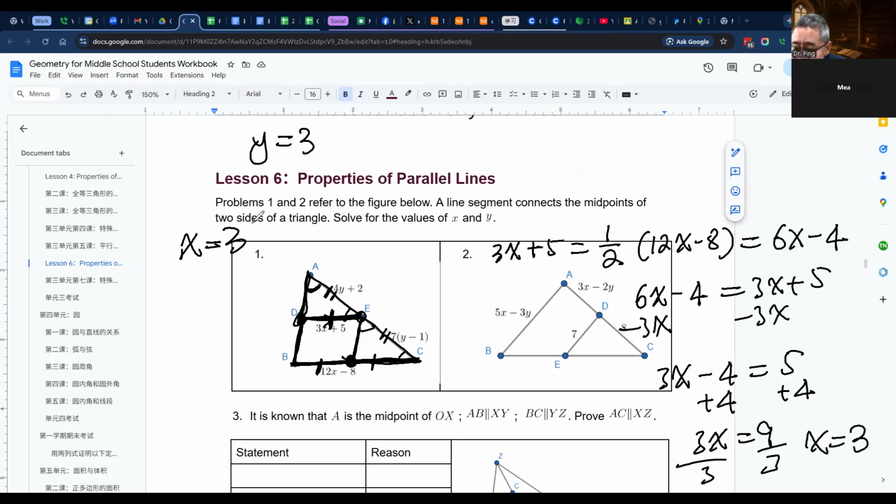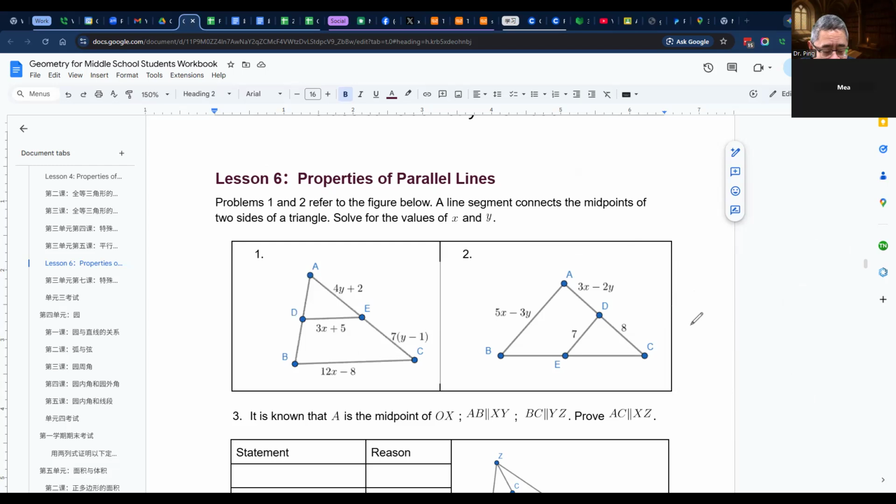Now, problem 2 is going to help us set up what we call a system of equations, because there are two variables. Therefore, we need to set up two equations. Well, because D is the middle point of AC, we know this side is congruent to that side.